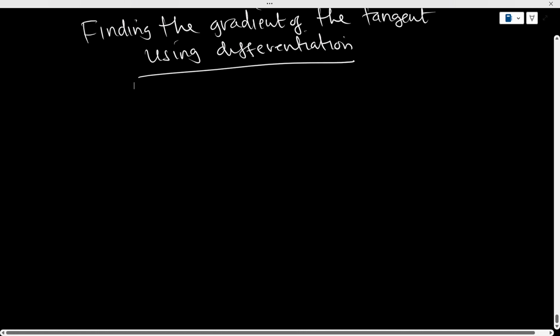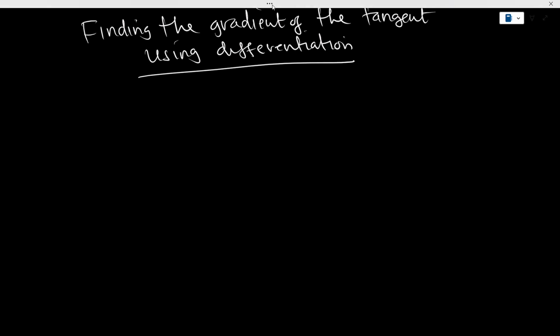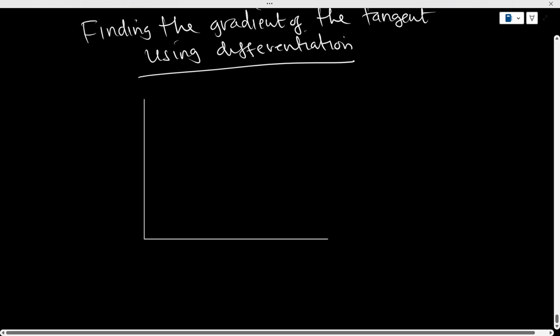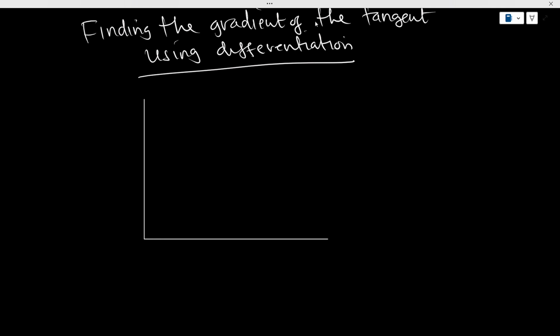At a specific point. And just for your own advantage, let me draw this one again. If this is your curve, and the function here is y equals x squared, let's say I want to find the gradient at this point here.